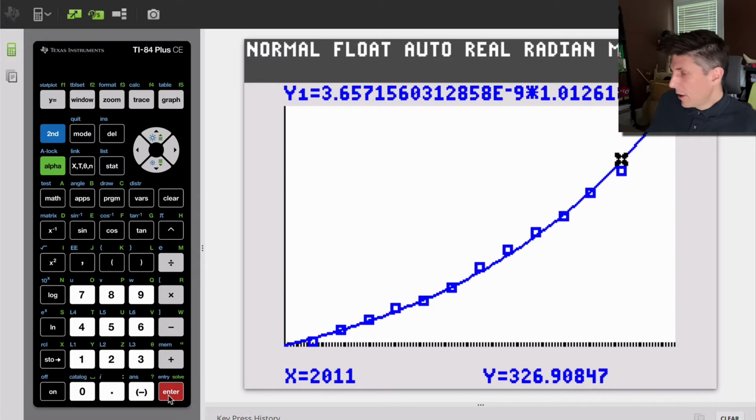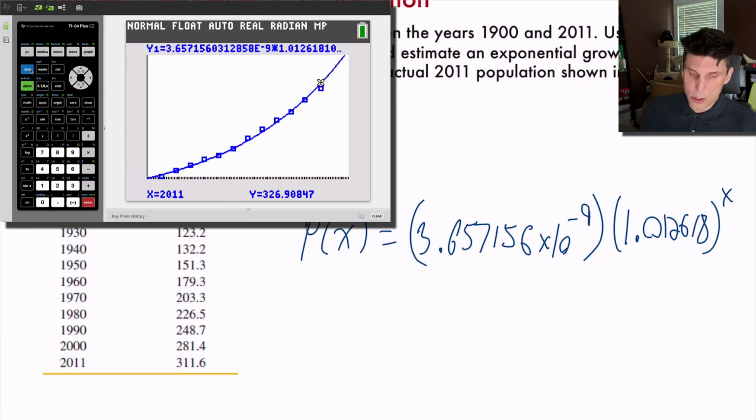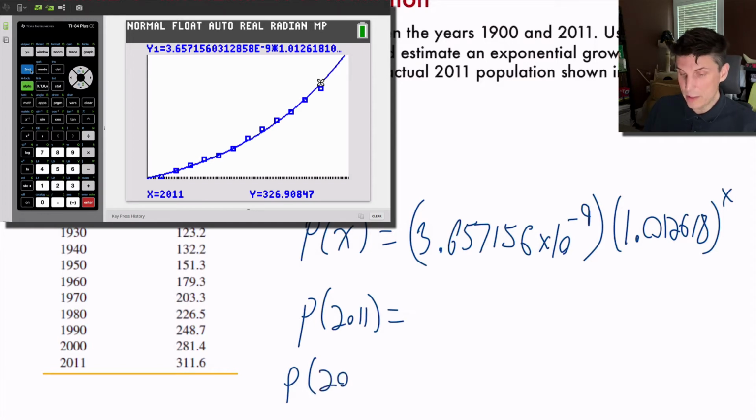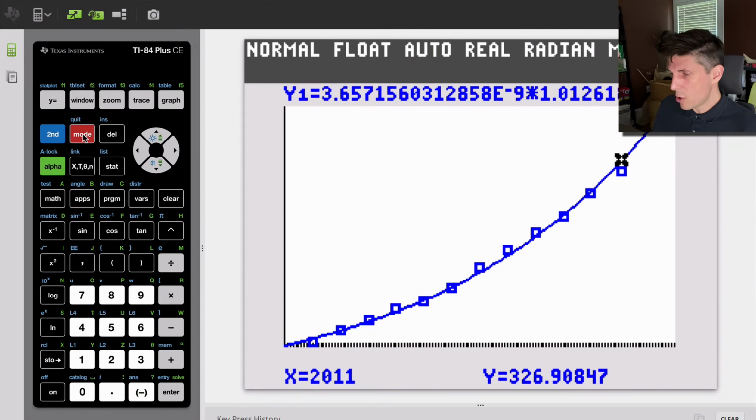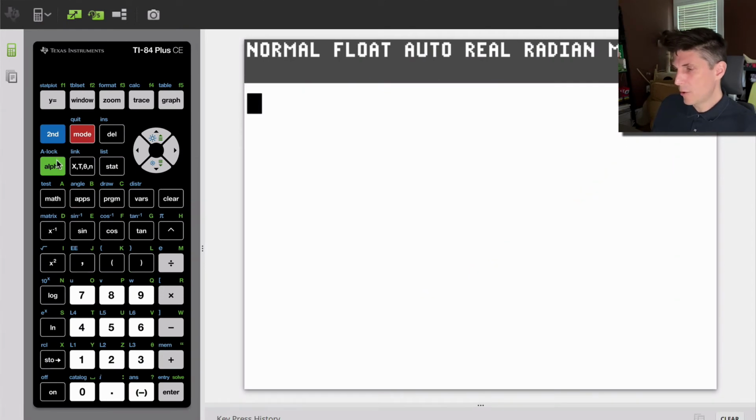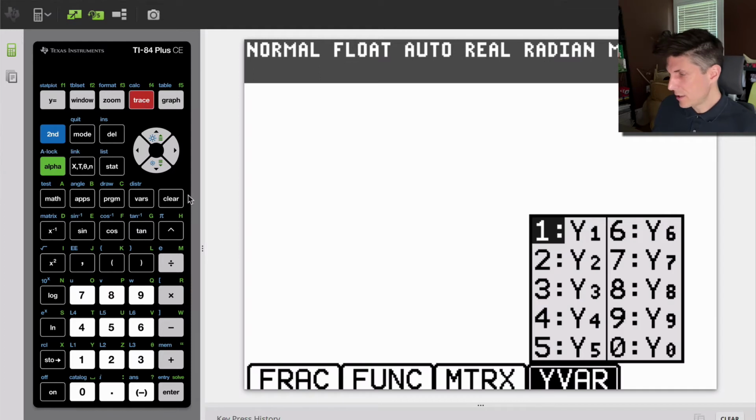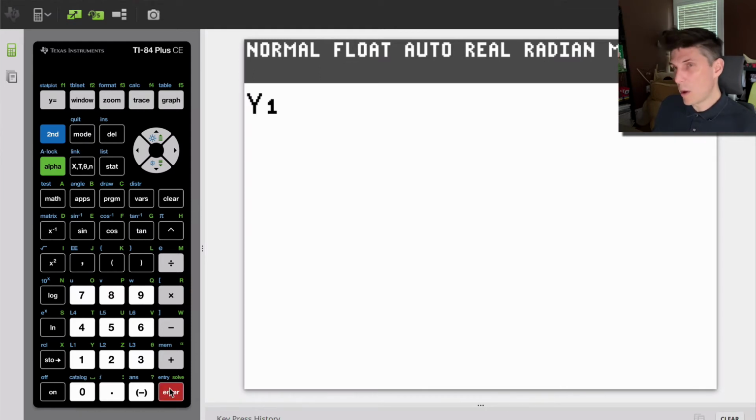So yeah, we could plug in other years. Now I'm going to show you another trick. I think that is even more fun, because we would rather go like P of 2011 or maybe even 2020, right? Rather than going back to the graph and going to value, you can go to the home screen, hit second, and then mode. That takes you to this home screen. And if you recall, the Y-vars live at alpha trace, and I can select Y1.